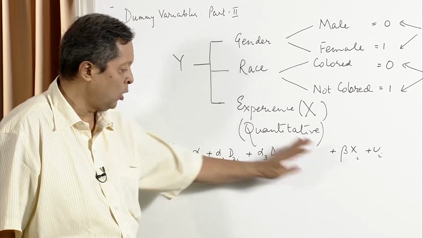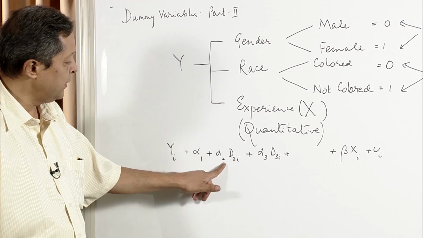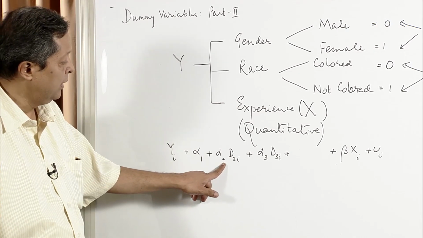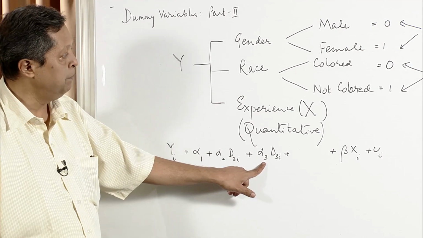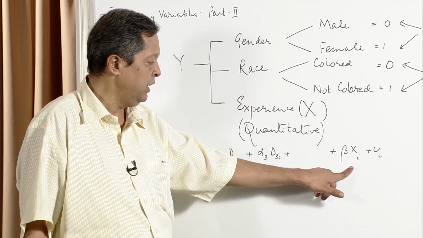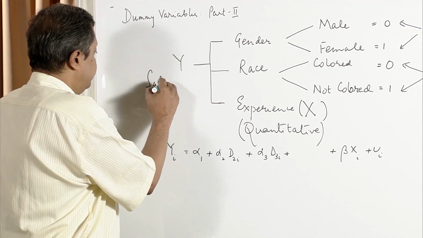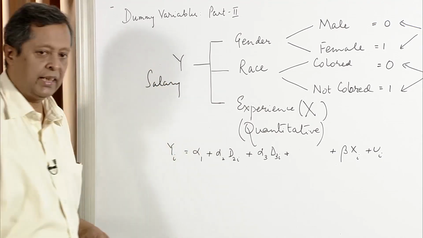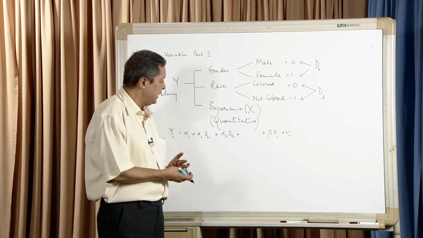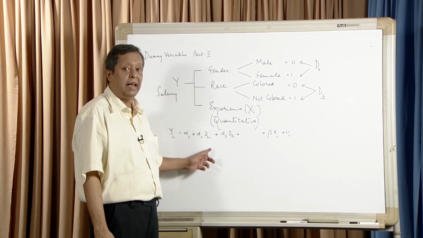So, if this is our model, what does the model say? Alpha 2 is the differential impact of being a female, alpha 3 is the differential impact of being not colored, and beta is the impact of years of experience, maybe y is salary. Someone might say that the differential impact of being colored will depend on whether the person is a male or a female.